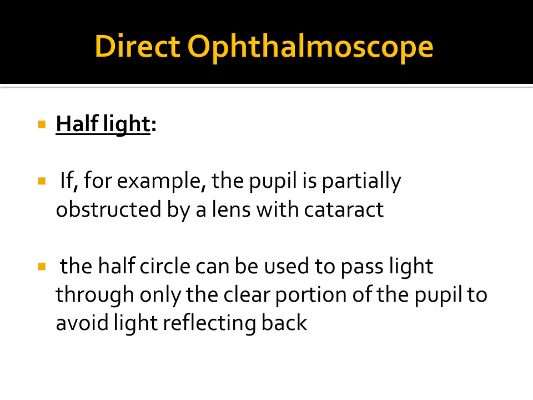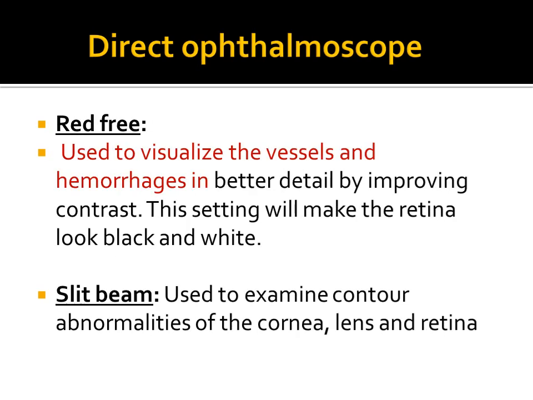The half light is important if the pupil is partially obstructed by a lens with cataract, then we can make use of this half light. The half circle can be used to pass the light through only the clear portion of the pupil to avoid light reflecting back.